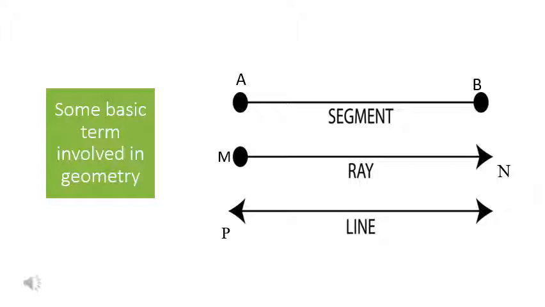When they ask you to draw a ray originating from point M or A or B, you always draw that end with a point and the other end with the arrow, because that is the end point from where the arrow is originating or beginning. And the third one, if they ask you to draw a line, whatever name, AB, PQ, XY, you will always draw a line ending in 2 arrows. How we draw for a number line similarly.